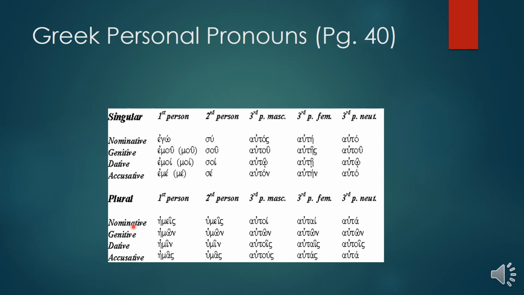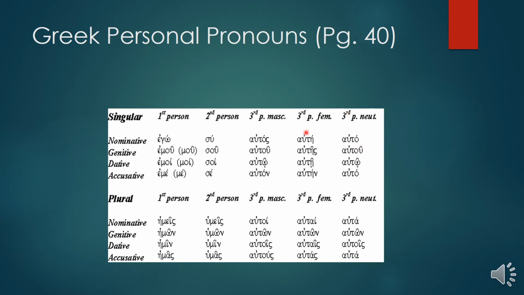So if you look on page 39 and page 40, you'll see the same thing I'm about to show you again on this chart. And when we look at our textbook later on, we will look at this. But here are our pronouns in Greek now. And like in English, we have the first, second, and third person. First, second, and third. I, you, he, she, or it.